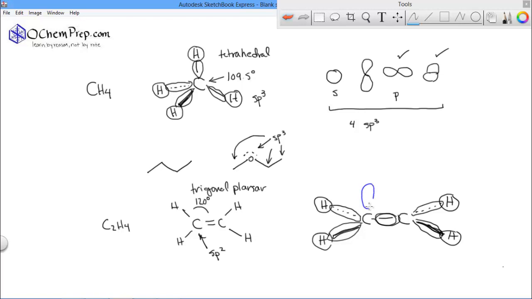The up and down p orbital is going to overlap with the up and down p orbital on the other carbon. Now when I draw it like this, it means that there are 2 electrons both above and below the carbon-carbon bond. So if you look at the picture of bonding in ethylene, we have one kind of bond directly between the carbons and another one that is both above and below at the same time.